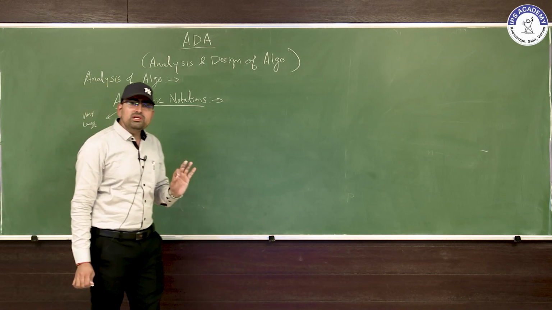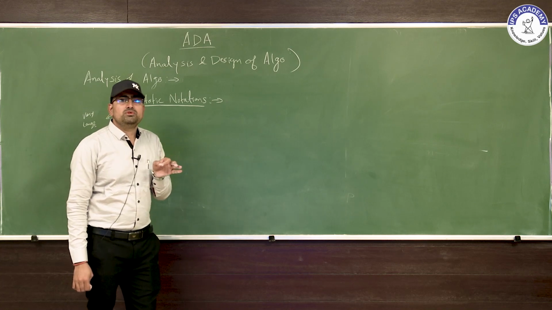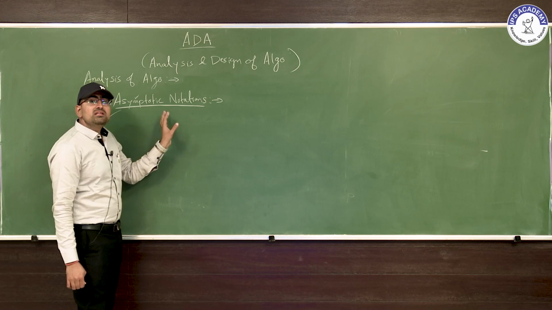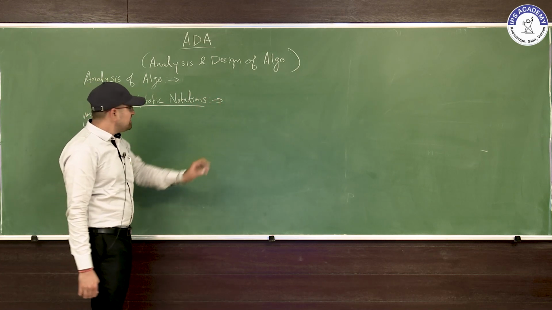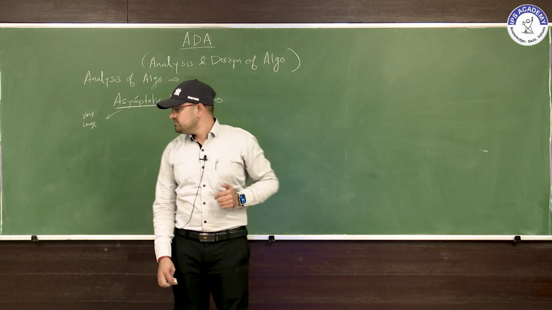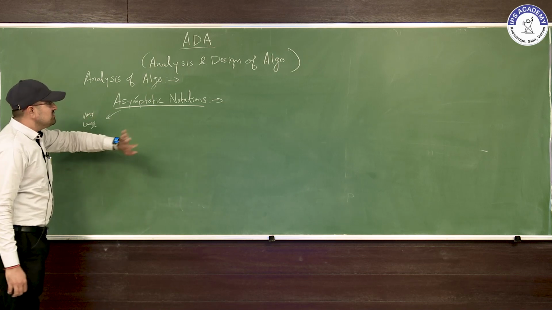That means we don't bother if your algorithm performs badly on small inputs. We are interested in it performing well if the input size is large. That is why we are going for asymptotic notations, not simple notations.